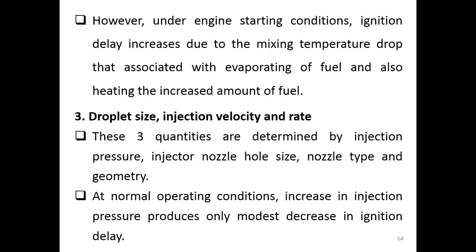Under normal operating conditions, you increase your fuel injection pressure and hope that you can decrease the ignition delay. Of course, you can decrease it, but only a small decrease happens for the ignition delay.